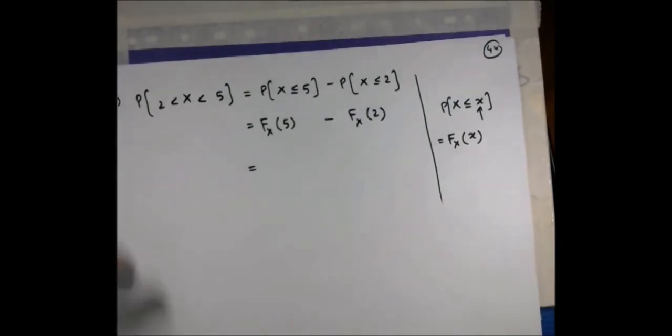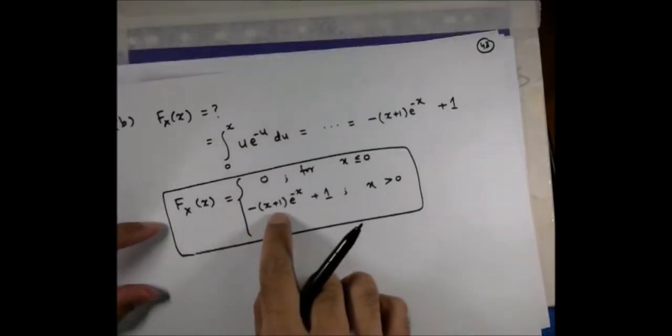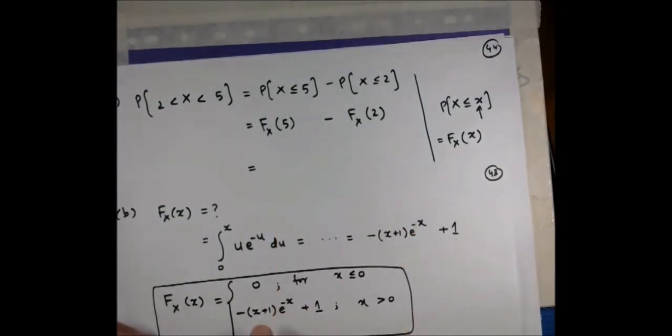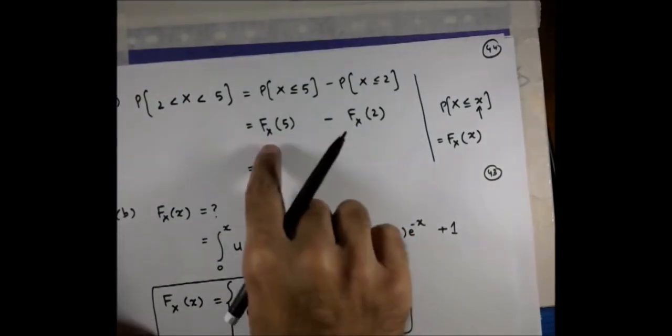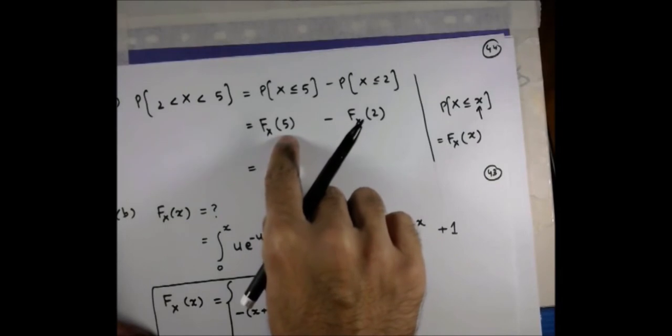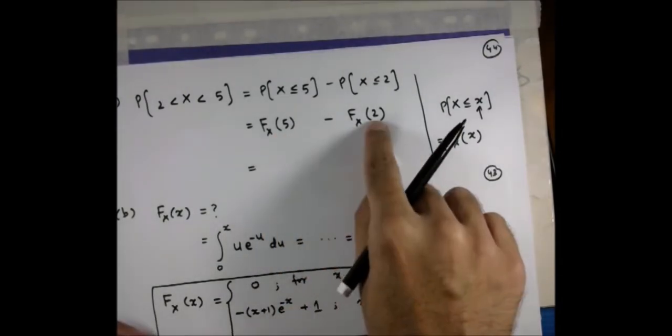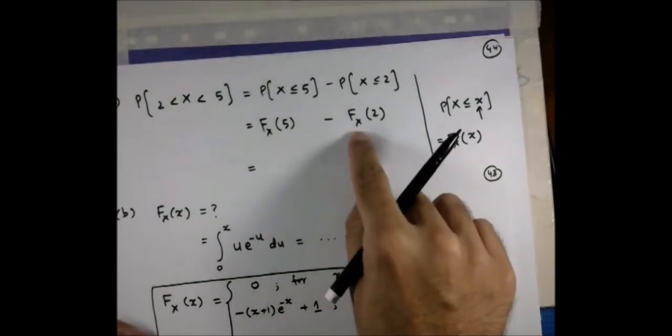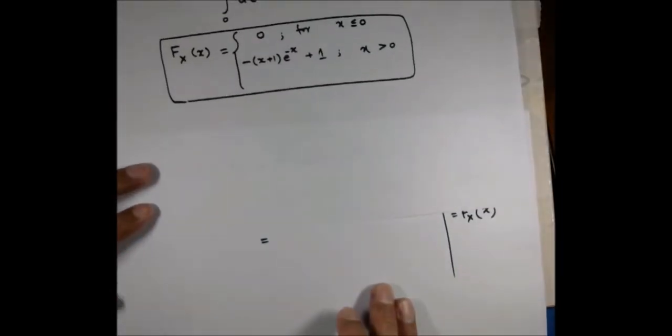And so, what is the expression of the CDF of x? The CDF of x has been obtained as this. So, I'll put 5 in place of x in this expression and I'll evaluate the probability, the CDF at 5. And then I'll put 2 as x in this expression and I'll evaluate the probability, the CDF at 2. So now you see how we move about it.